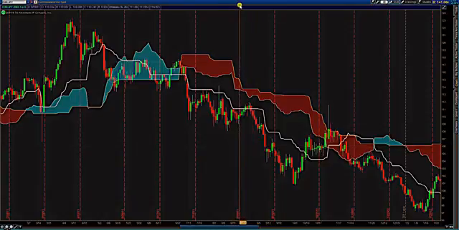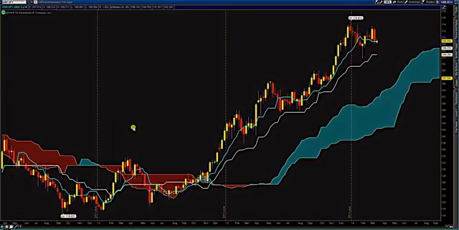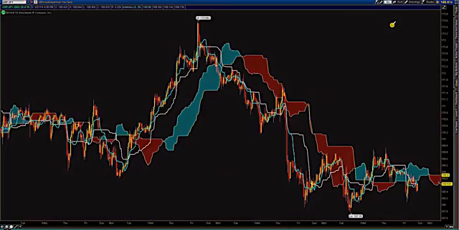Okay, so that's basically using the Kijun-sen to trade. Now let's combine the Tenkan-sen and the Kijun-sen. This is a very popular method of trading, using the Tenkan and the Kijun, similar to using a death cross or a golden cross with the moving averages.